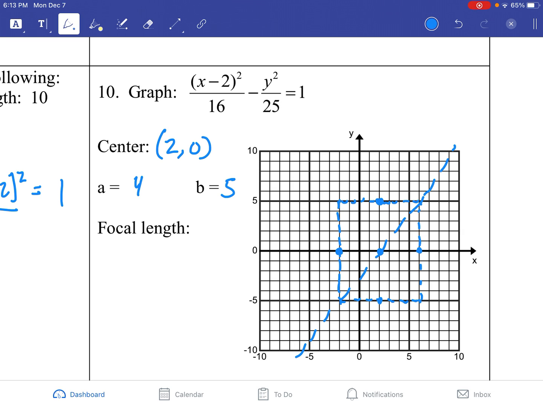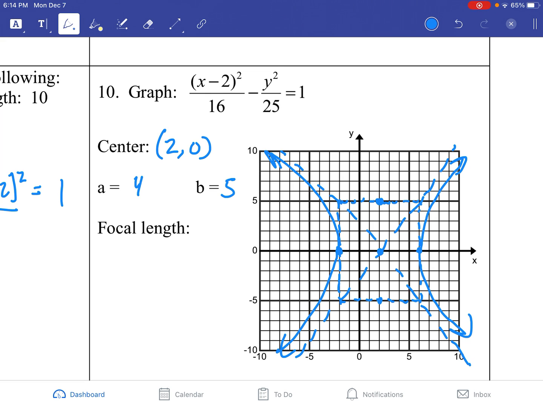These are going to be our boundaries for our graph. Because the x is in front and positive versus the y that's in back and negative, the graph is going to go along the x-axis. So we're going to have a graph that looks like this. Notice I'm drawing the vertex of this parabola shape on the point on the box.